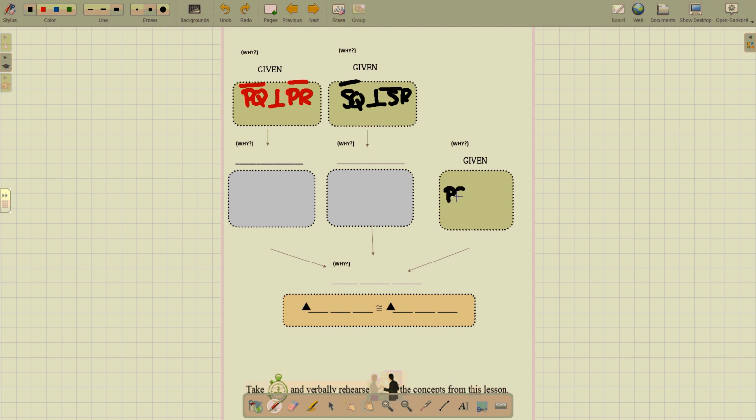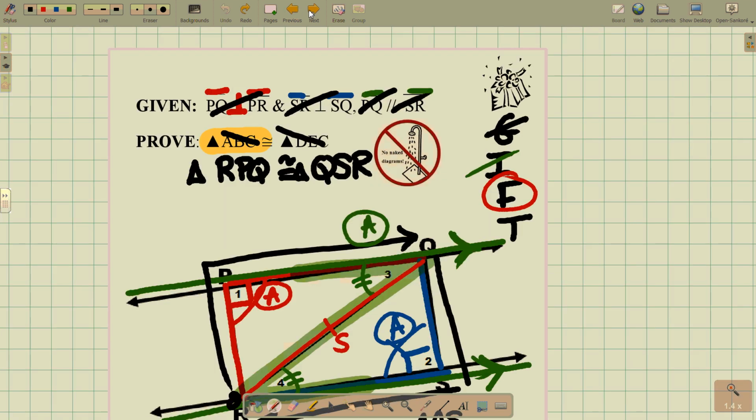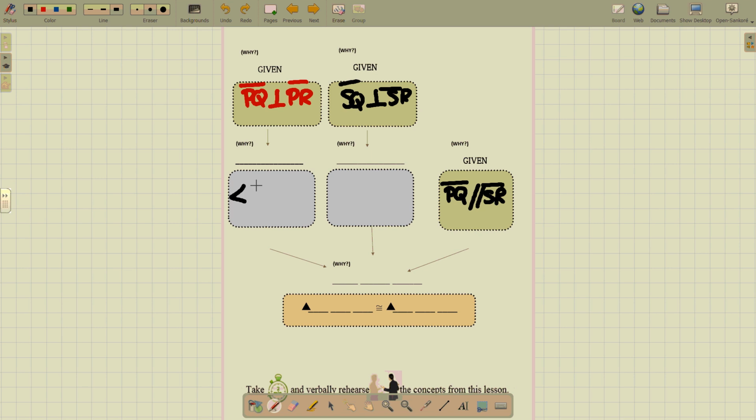And then we also knew that PQ was parallel to SR. Because of that right angle, the right angles gave us angles. Let's see, what number did we put there? 1 and 2. We know that angle 1 is congruent to angle 2. Why? Because perpendicular gave us right angles. Same thing here. Angle 3 was congruent to angle 4 because perpendicular gave you right angles.